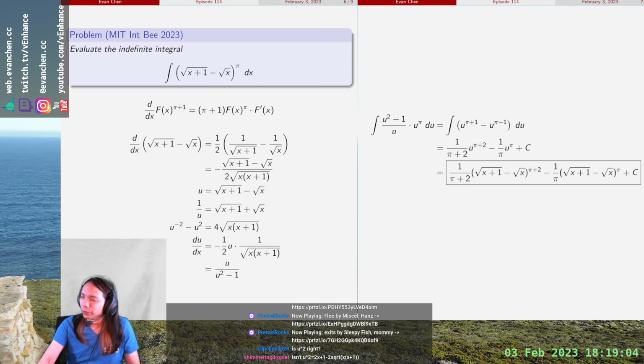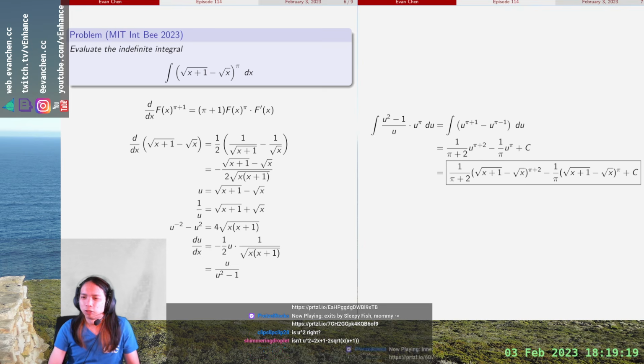So now, instead of this garbage here, d over dx was equal to this, and then we're going to plug in the thing that we just got, which is 1 over 4 u minus 2 minus u squared.